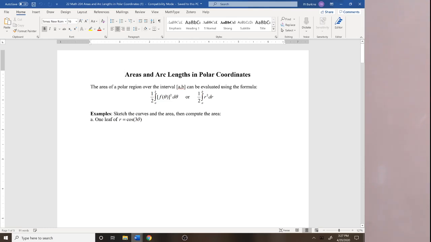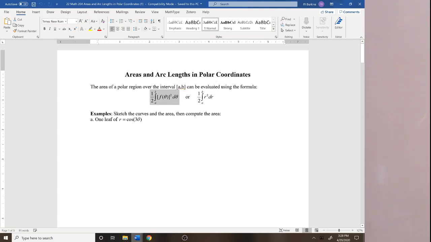But this time, if we want to find the area for a polar region, we've got to have this 1/2 out in front for one thing, and it's actually equal to r squared times dr or d theta, depending on what r is a function of. So if you're given the function, you have d theta, and if you don't have the function in terms of theta, then you use r squared dr. So we're most likely going to use this one for all of them.